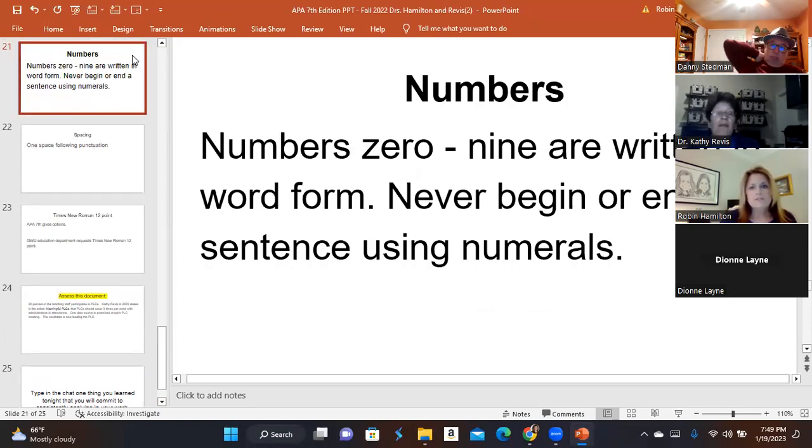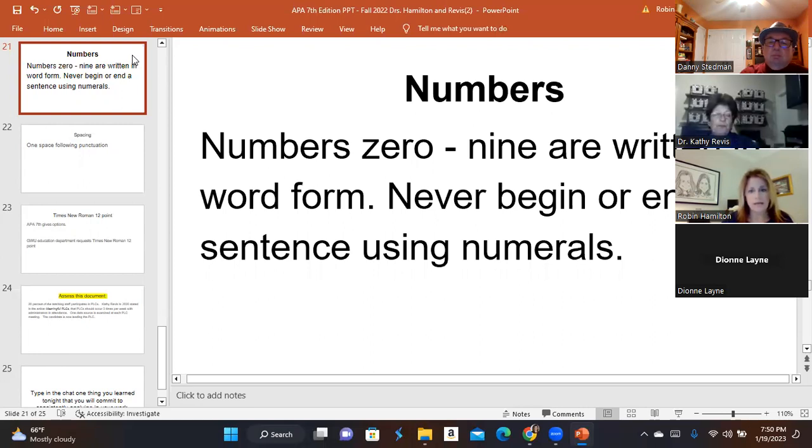Okay, so here's the answer to the numbers question. 0 through 9 are written in word form. So back earlier when the number was 36 or something like that, and someone asked, because that did not start or end a sentence, that was fine.